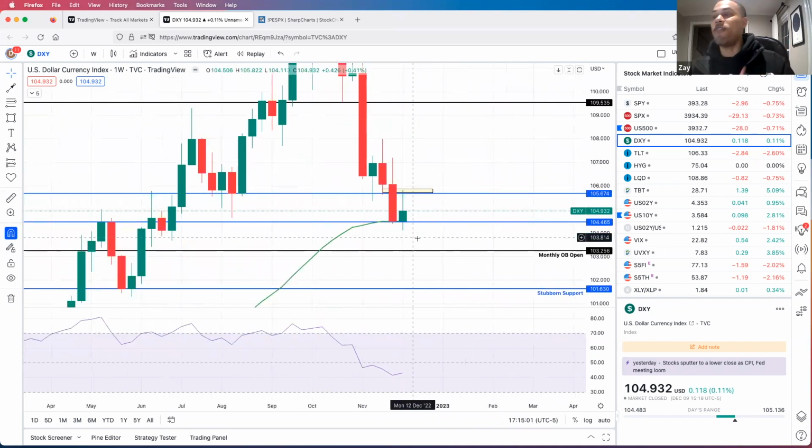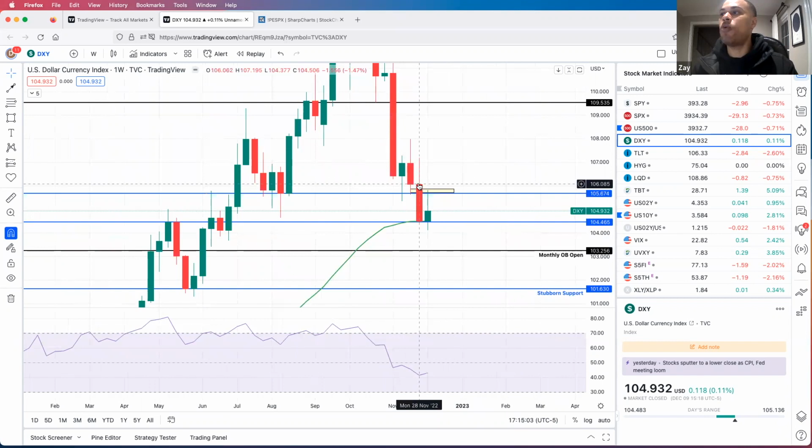Remember how I said, if this dollar is really going to turn around, we got to see a weekly close above 106.08 or 106.06, and it truly needs to break above 107.20.